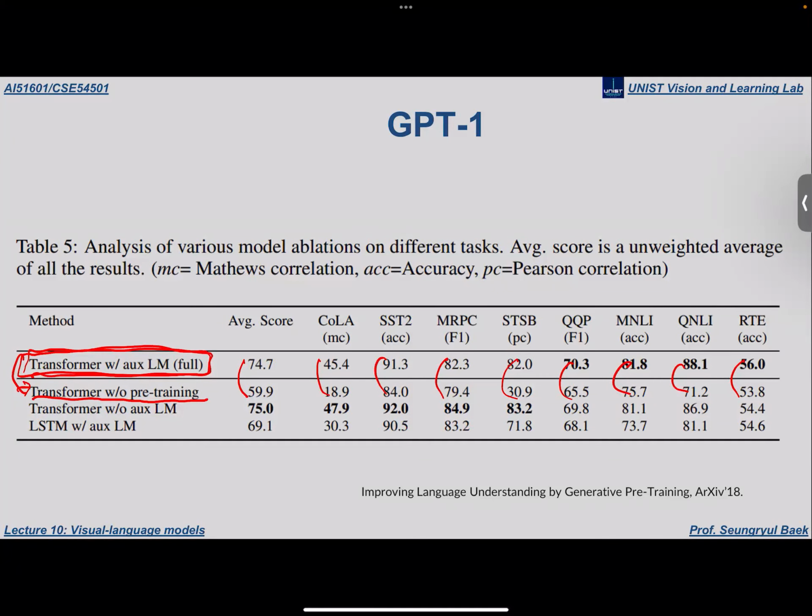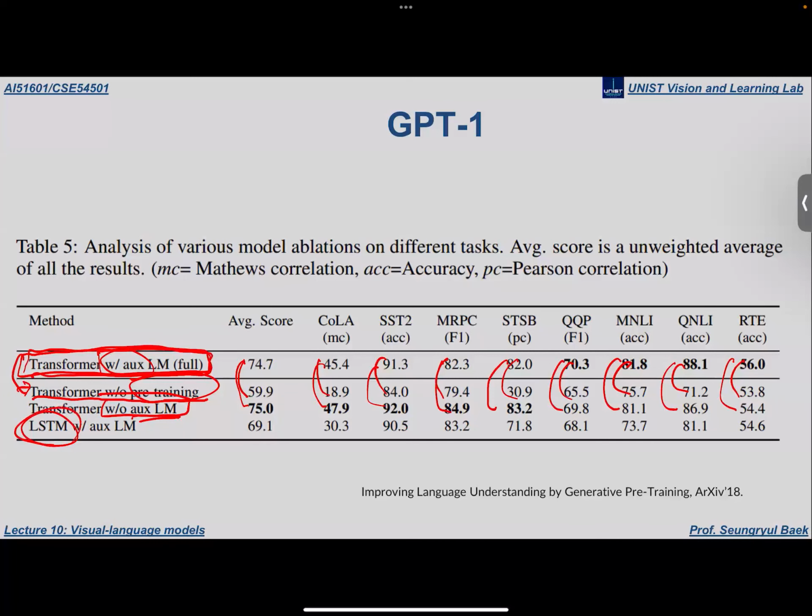The auxiliary loss is not that important: this is the full model with the auxiliary LM, and this is the baseline without that part, but the performance is not that different between the two. The more important thing is the pre-training on the unlabeled data.